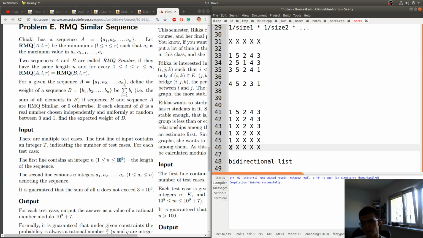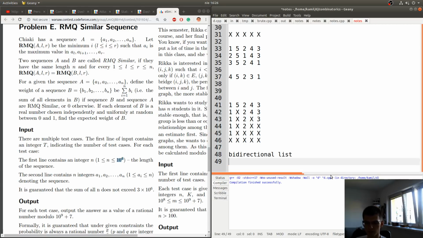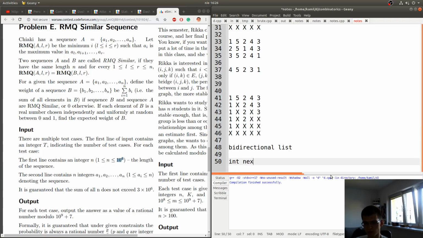So for every x, at the end, it's very easy to know the next and the previous x. So actually we can implement this two-directional list by using two arrays, each let's say of size n.